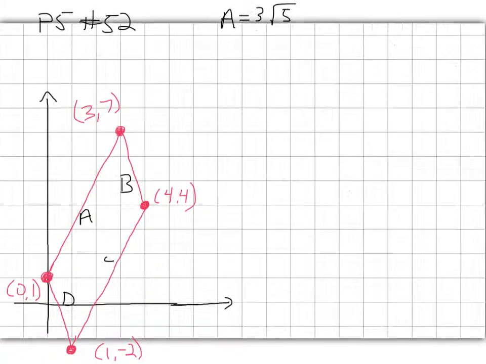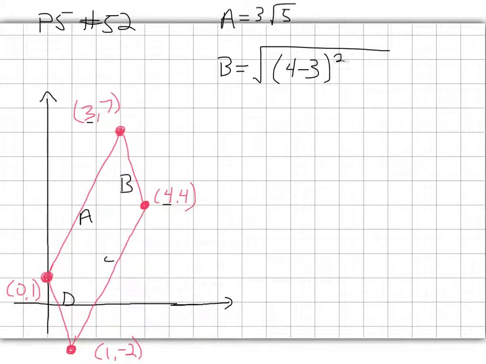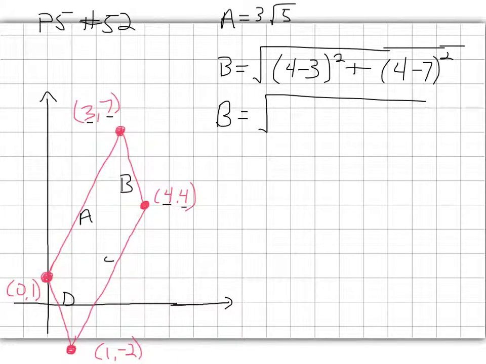So to calculate side B, B is going to be the square root of the difference of our x's, which is 4 minus 3, squared, plus the differences of our y's squared, 4 minus 7 squared. 4 minus 3 is 1. 4 minus 7 is minus 3.